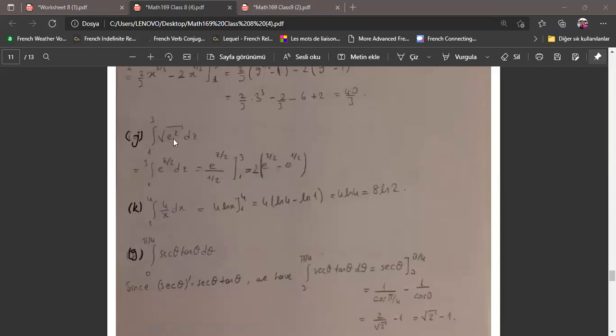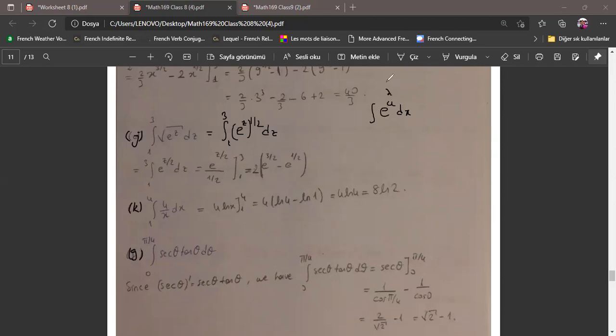Now, what about this? So here, this can be written like this. From 1 to 3, e to the z to the 1 over 2 dz, right? So z times 1 over 2 will give us z over 2, right? Now, what's the integral of this? We write the integral of e to the some function.